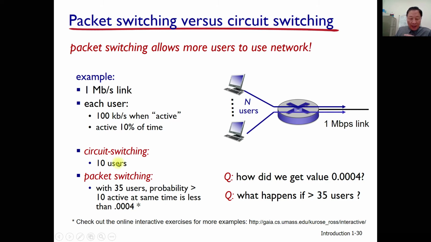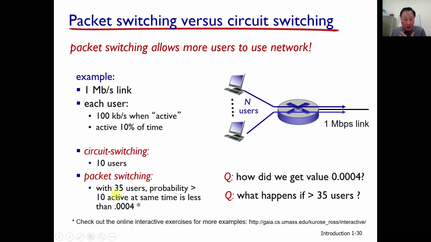Even though he is not using it, it will be occupied. Thus, the other user cannot use it. But with packet switching, like our express highway, your car is, as an analogous example, a packet. If you are not using it, then another car can utilize that highway.